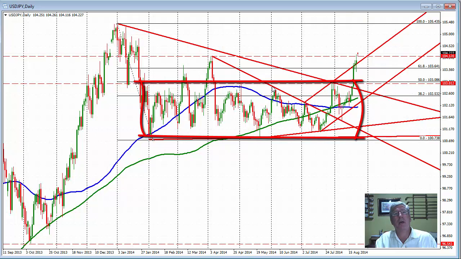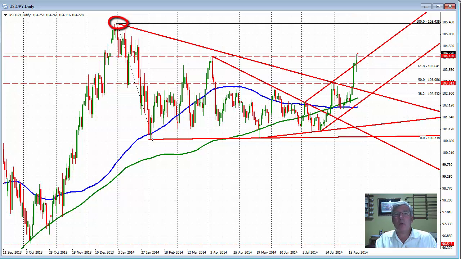This break to the upside makes me think that traders want to go up and test the high price. Remember, the high price for the year came in on the first trading day of the year back in January. What are the chances that that would be the high for the year? I don't think so. So I think we're going to go up and test that level of 105.43 at some point in the future, and perhaps even take out that high and make a new high for the year.